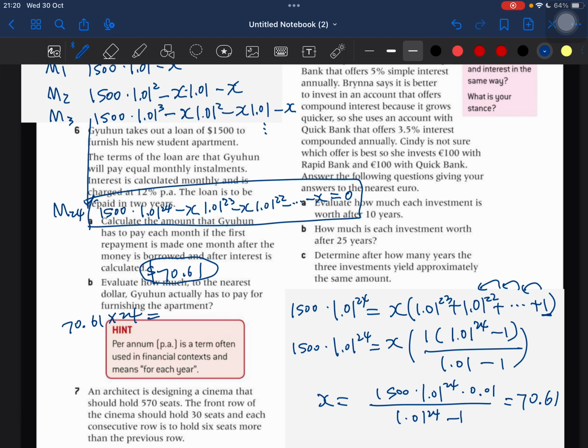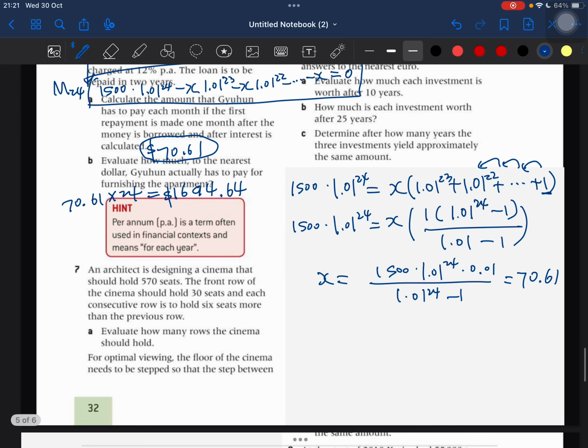This is what he should pay: $1,694.64. So he borrowed $1,500, but he needs to pay almost $200 more because of the interest.